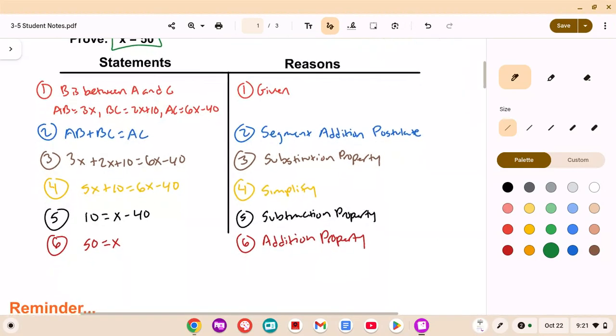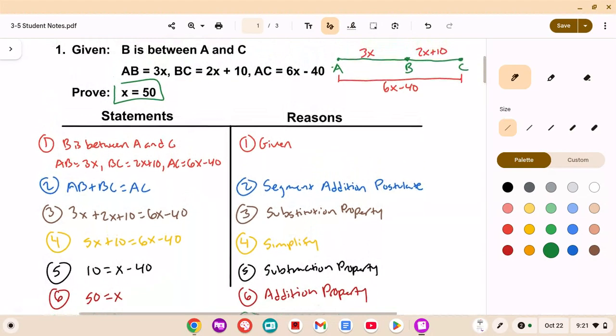Some people might have a technicality with this and say, well, technically you're supposed to have the x on the left and 50 on the right. And we actually have a reason why you can flip those things around and they still mean the same thing. This is called the symmetric property. And hey, we made it to the end of our proof.